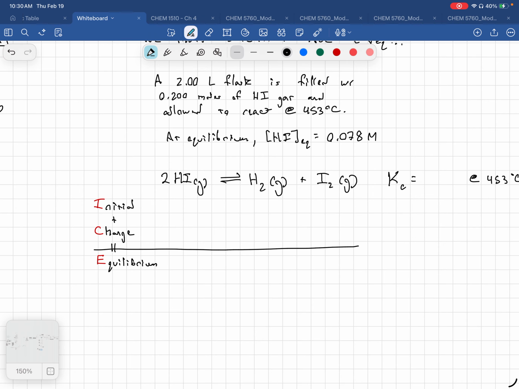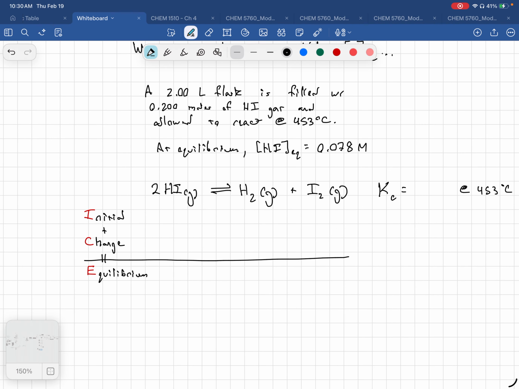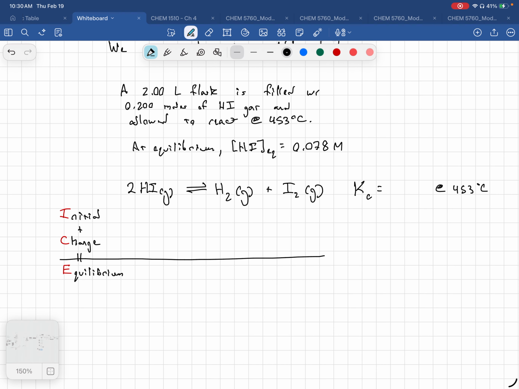So first off, we need our initial concentration, and we're told that a 2.00 liter flask is filled with 0.200 moles of HI gas. It's the only gas we put in and then allowed to react. So first off, we have to calculate what our initial concentration of HI is. Like we've done in a previous problem for gases, we just take our moles of the gas divided by the volume in liters of the vessel it's in.